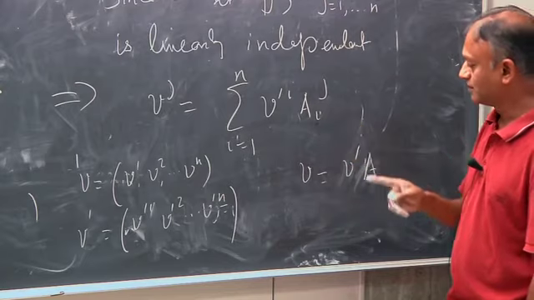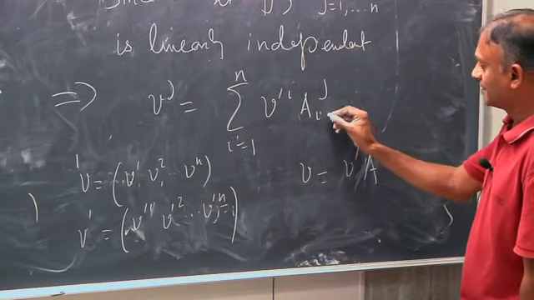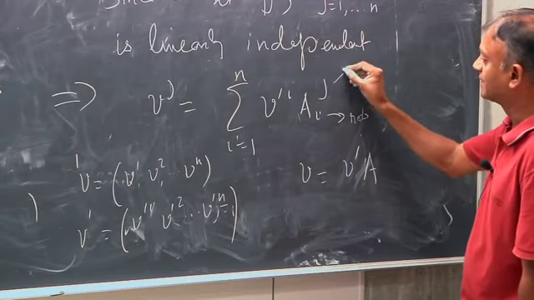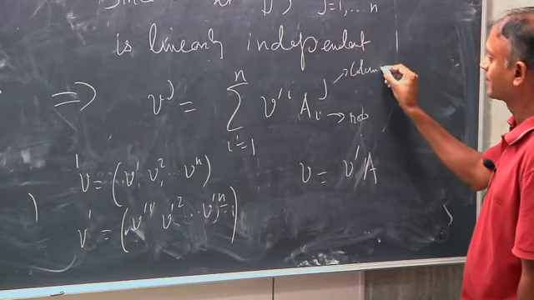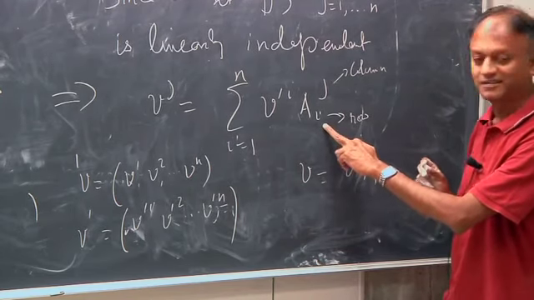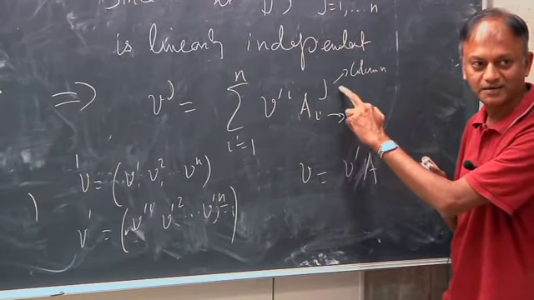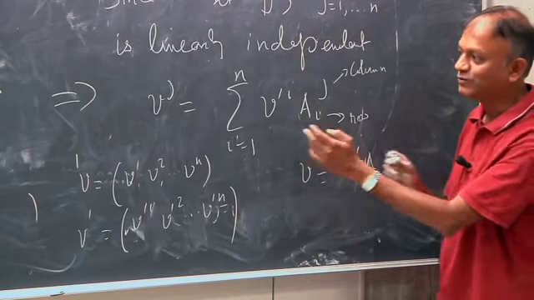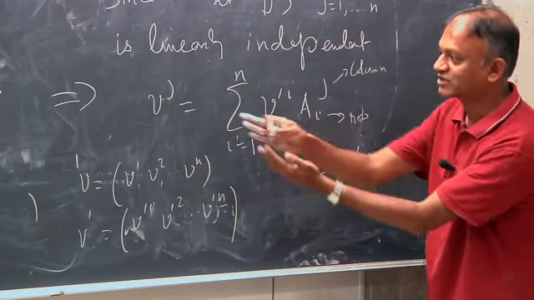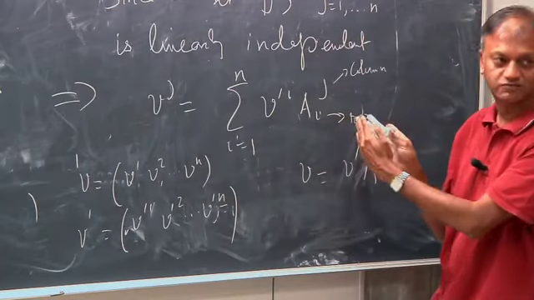Here, I think of I as labeling the row and J as labeling the column. But if I think of I as labeling the column and J labeling the row, then I would think of these as column vectors, and the equation will become V equal to A times V prime.